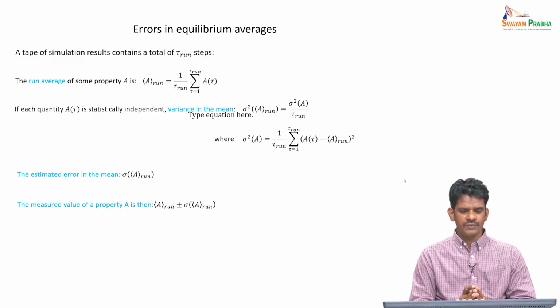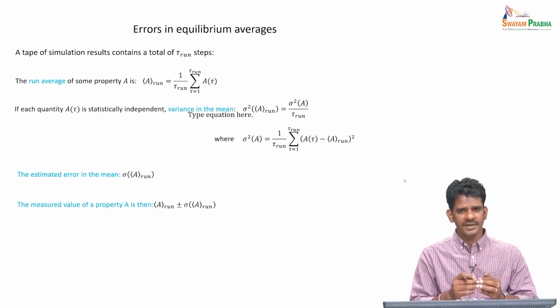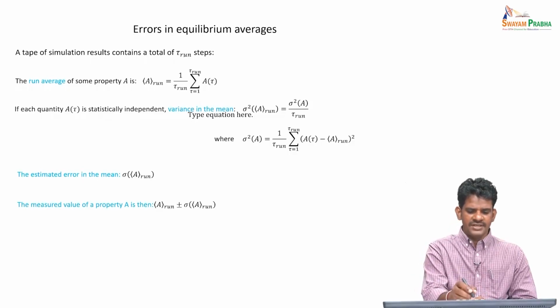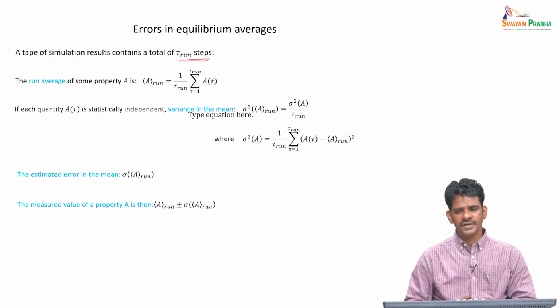Typically in the production run, we run a simulation and then we record the raw data, which could be particle coordinates, particle velocities or forces, or any of those atomic properties, stored for about, let us say, some tau run steps. This tau run is basically the number of steps at which we have stored the simulation results.